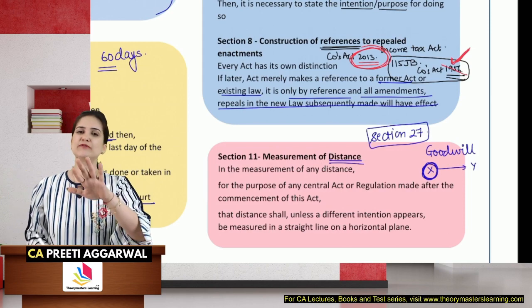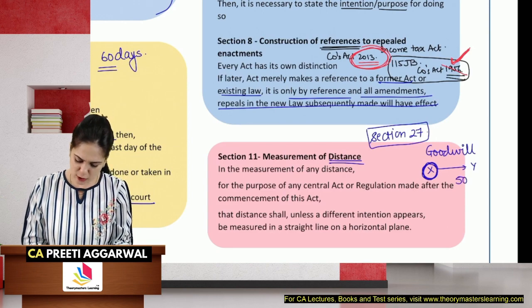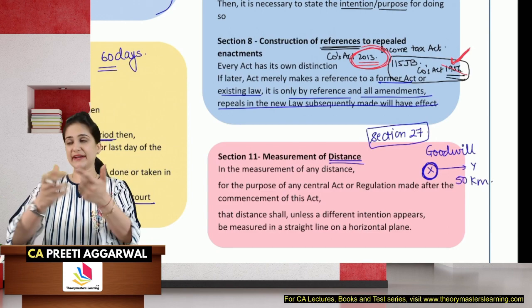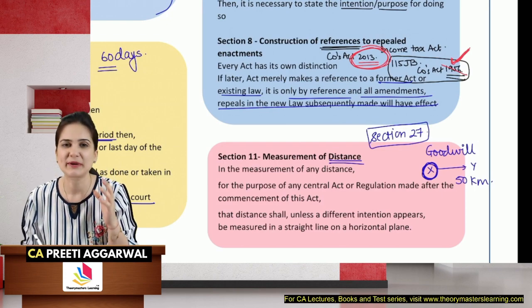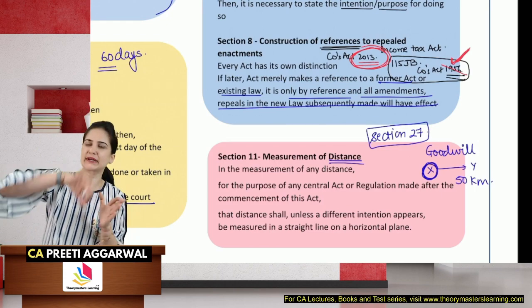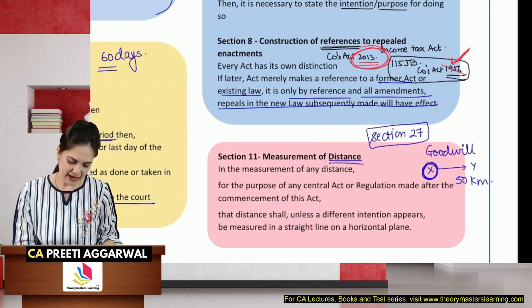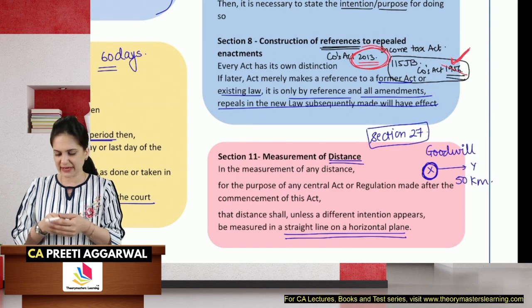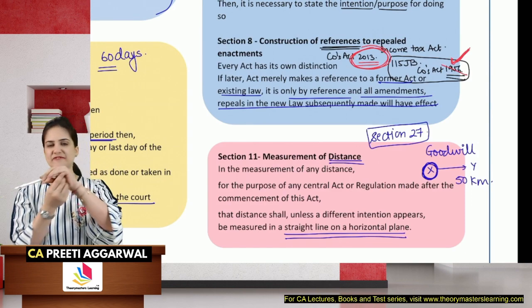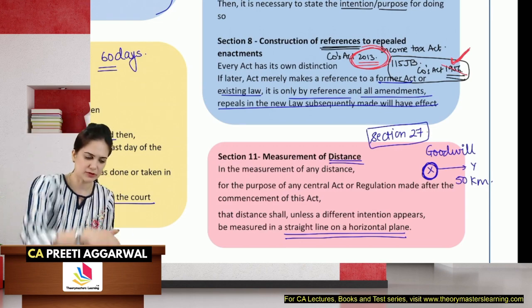Now, I say that you will not carry on a similar business within a radius of 50 kilometers. Now, in this case, how is that 50 kilometers to be calculated? There is a mountain, there are hills, there are certain roads. Law says that the distance will be calculated in a straight line on a horizontal plane. So while calculating the radius of 50 kilometers, we will consider a straight line and not go above the mountain and come back.